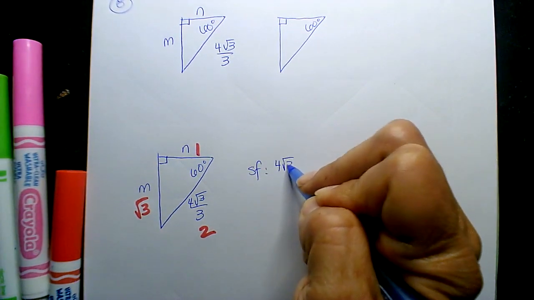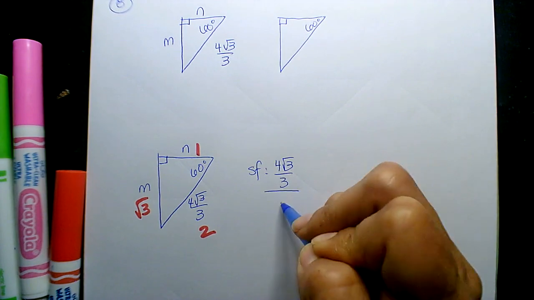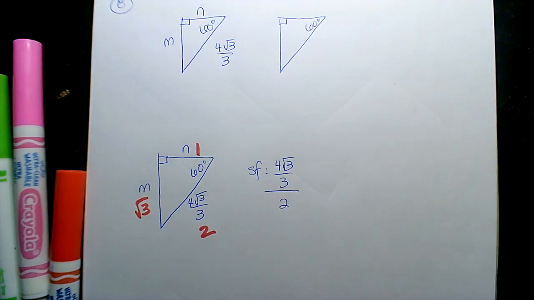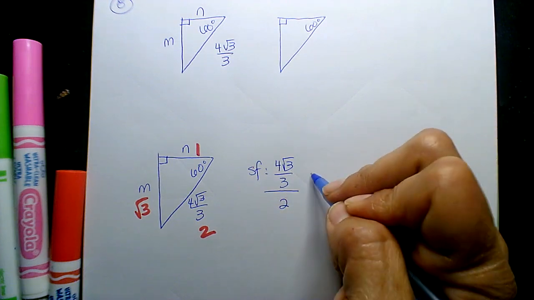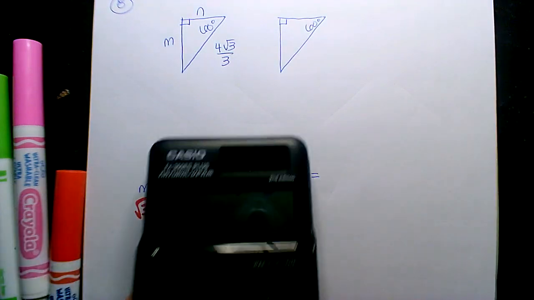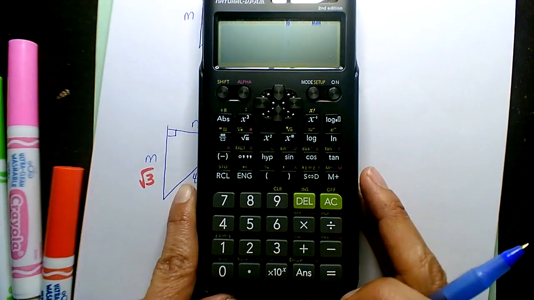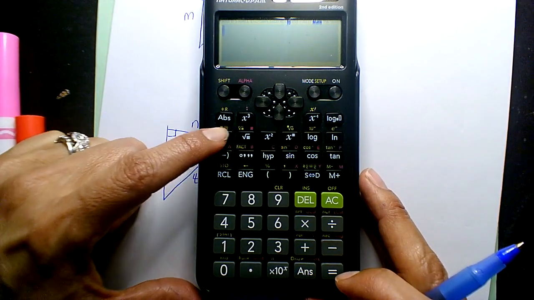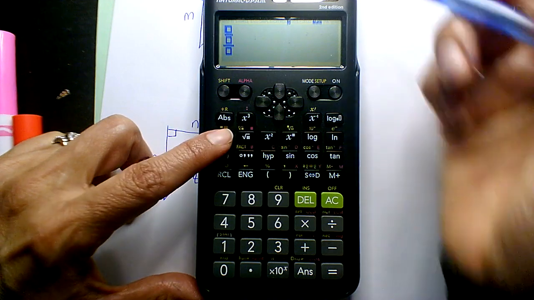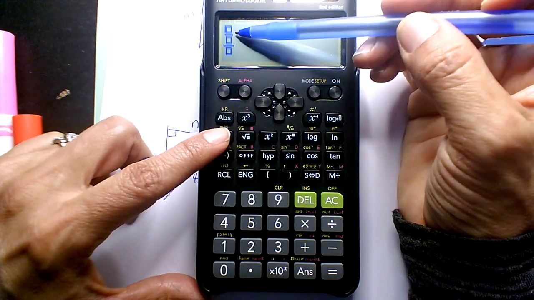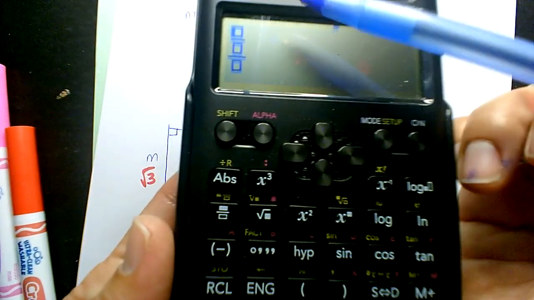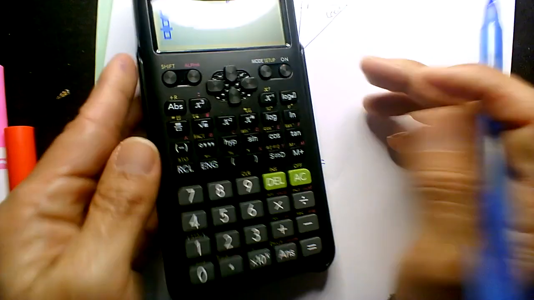Because what you have is 4 rad 3 over 3 all over 2. So what you do is on the calculator, and by the way, you're going to end up with 2 rad 3 over 3. You hit the fraction button twice. 1, 2. And so see how the numerator is now set up? See how there's a little fraction and then a bigger fraction?